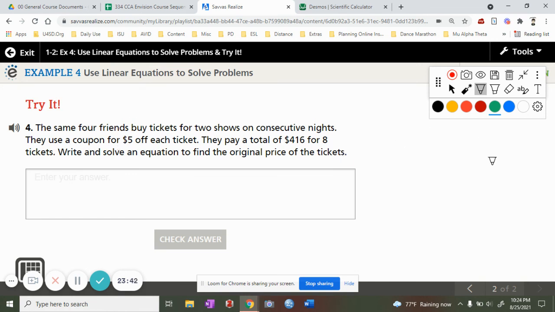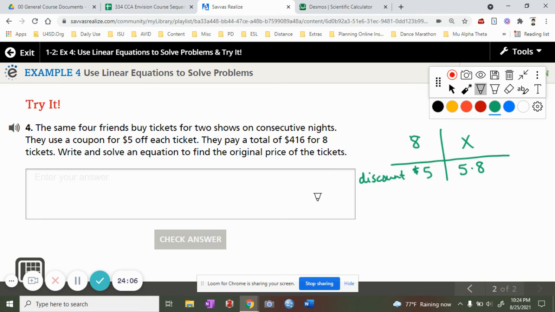number of tickets, okay, 8 tickets at x dollars each, and then we have our discount, $5 per ticket, and then they did 5 times the number of tickets.